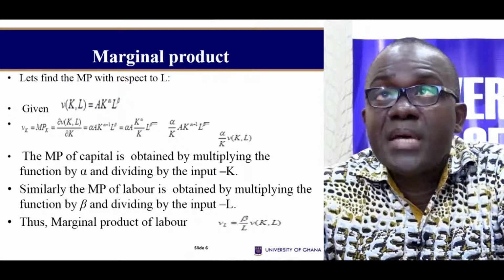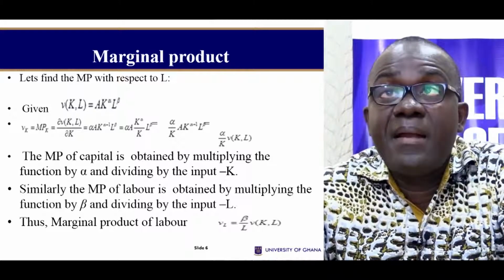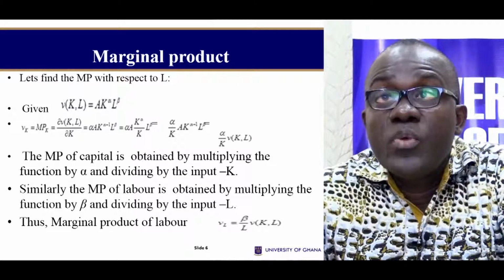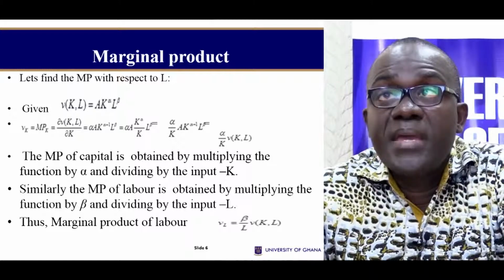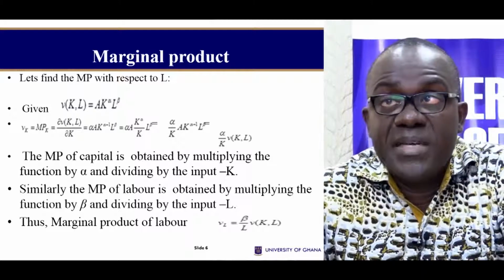So we will look at the marginal product of the Copula function with respect to one of the inputs, let's say L. When we take the first derivative with respect to L, we get this, which we can simplify as this. But notice that what we have standing here is the same as the function here, so instead of having this one, we can put in the same function.